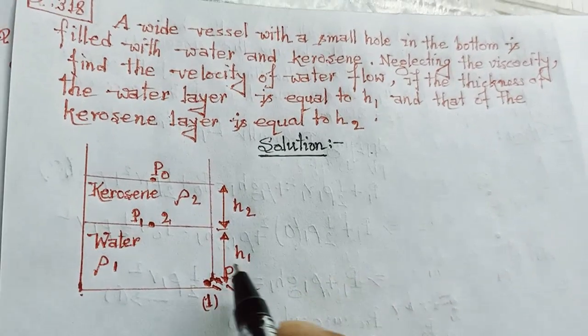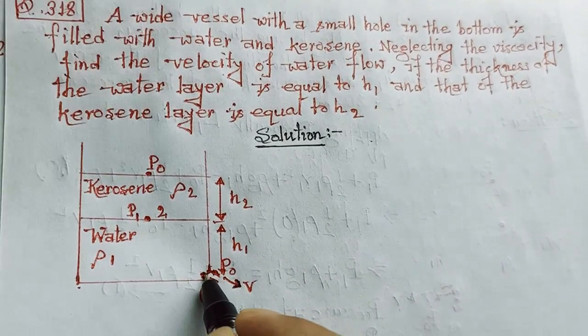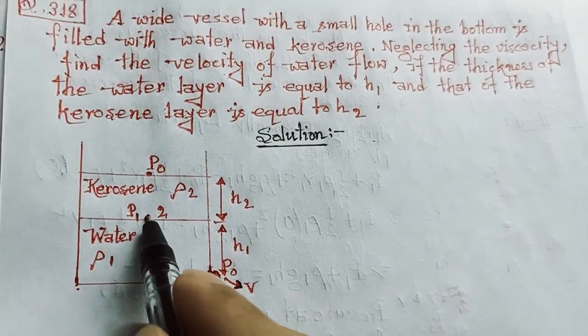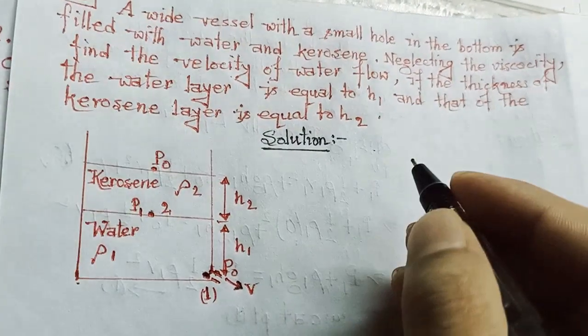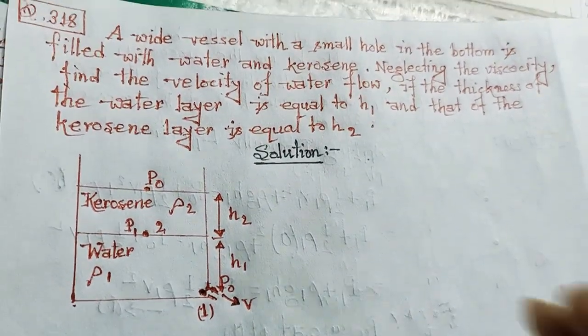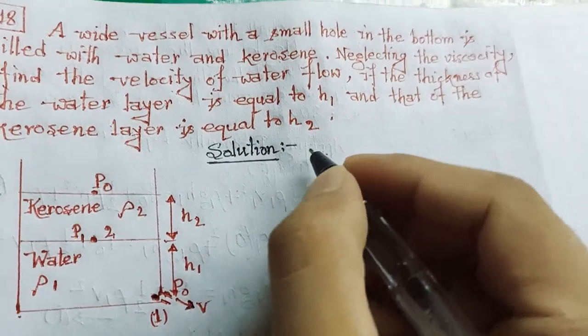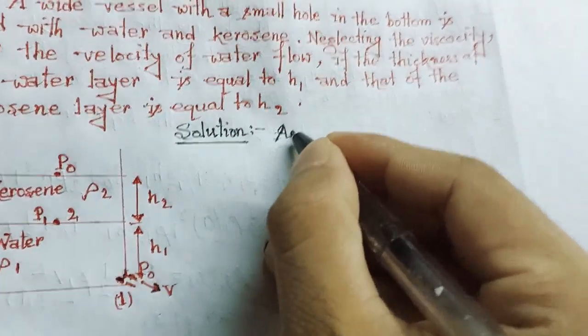So let us assume two points, point 1 and point 2. We will apply the Bernoulli equation at points 1 and 2.